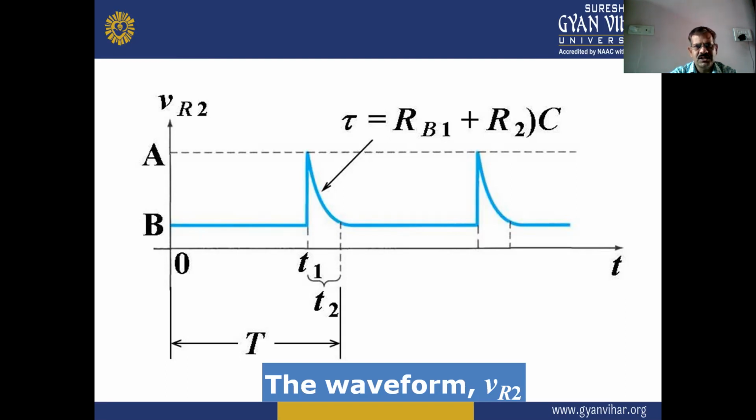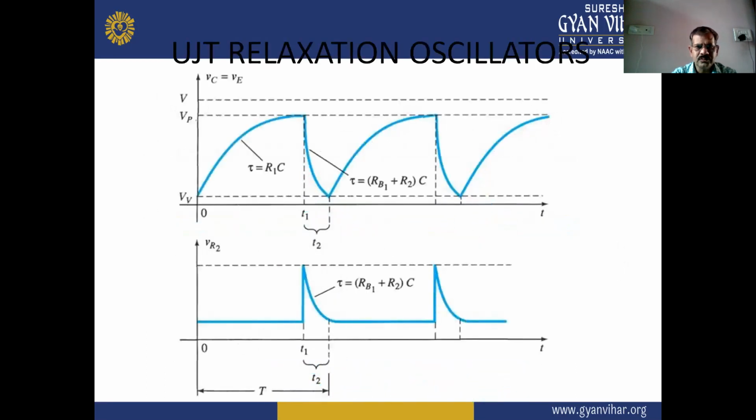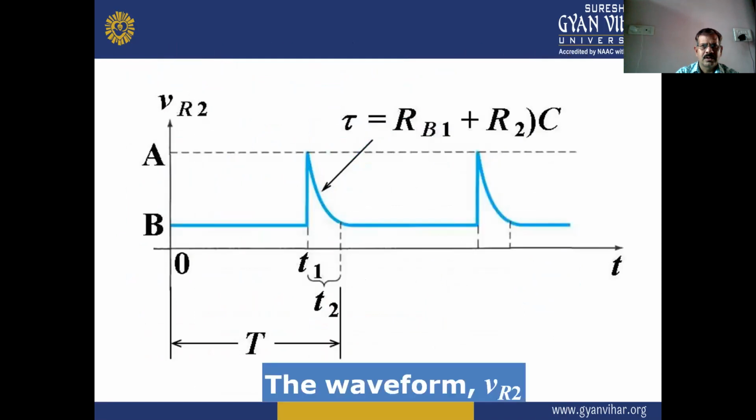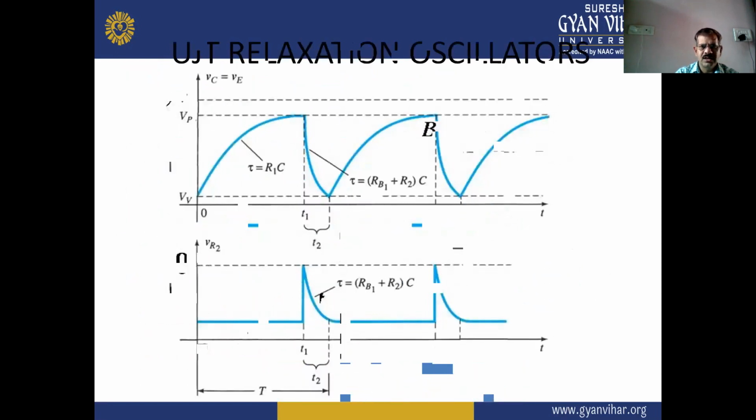So here the time duration of the VR2 waveform is T equal to RB1 plus R2 into C. And this waveform also shows the UJT charging and discharging, for the VC versus T and VR2 versus T. So these are the two waveforms for the UJT as a relaxation oscillator.